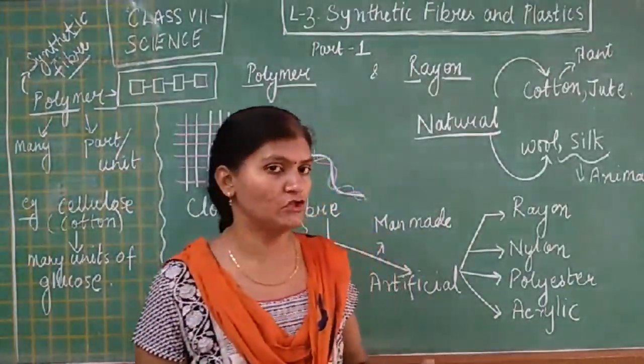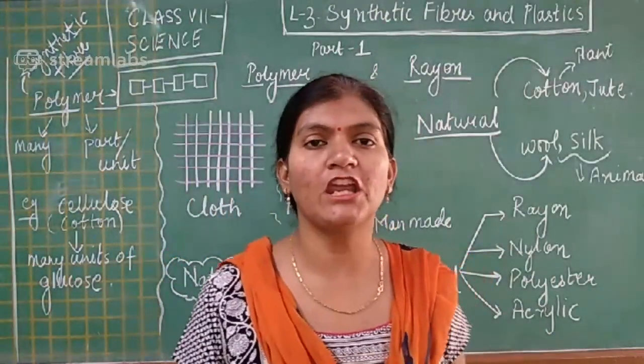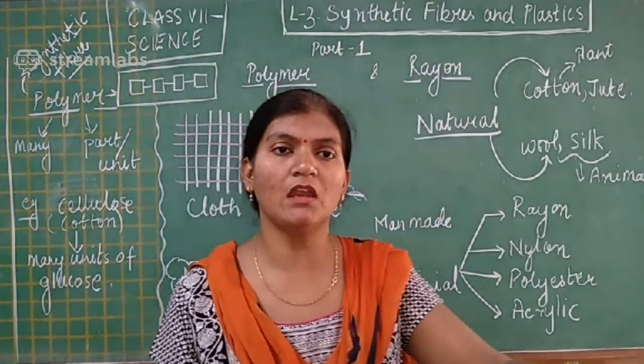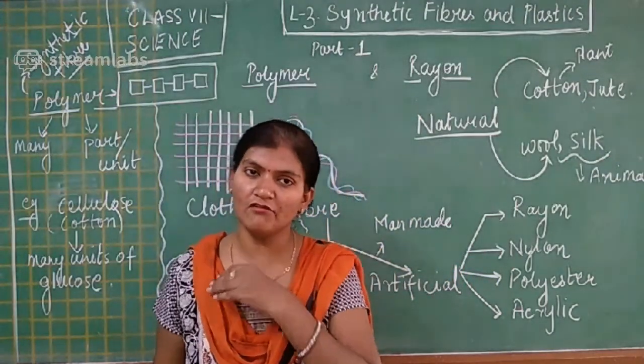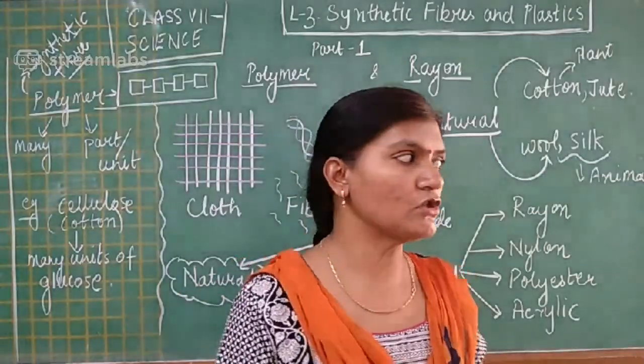Okay, and the next one is acrylic. Acrylic is the artificial wool, because the natural wool which is obtained from yak, from sheep, or from any other animal is very, very costly. Therefore, that cannot reach everyone's pocket. So what is the solution for this?